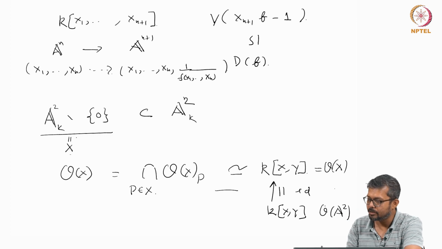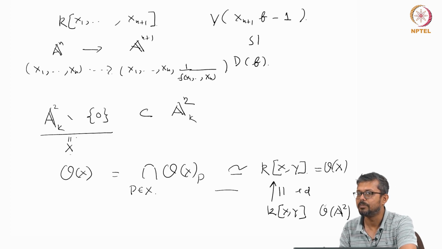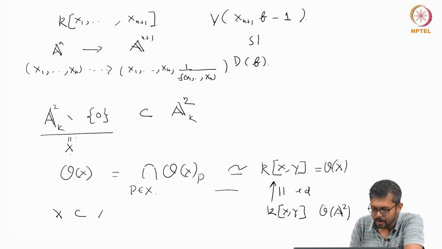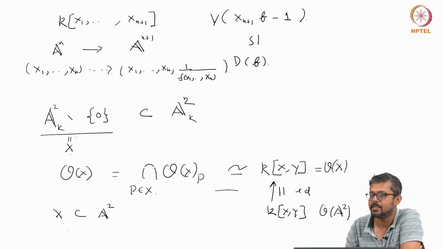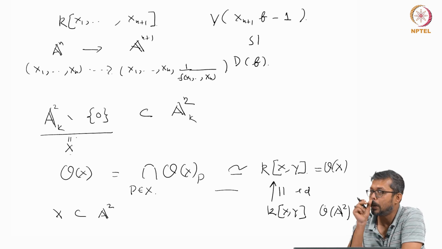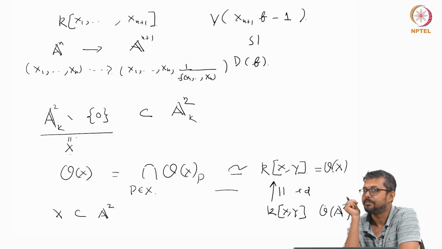That should be the isomorphism, which should give a map from your X to A^2, the inclusion map, which should be an isomorphism. But that is not the case. Your inclusion map is not a bijection. So that proves that A^2 minus 0 is not affine.